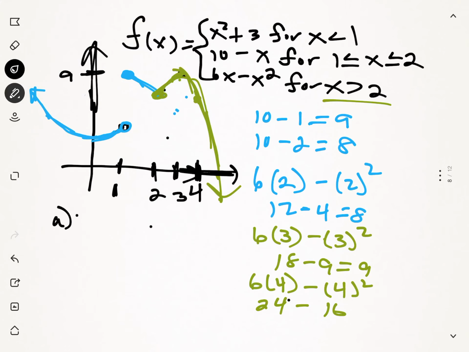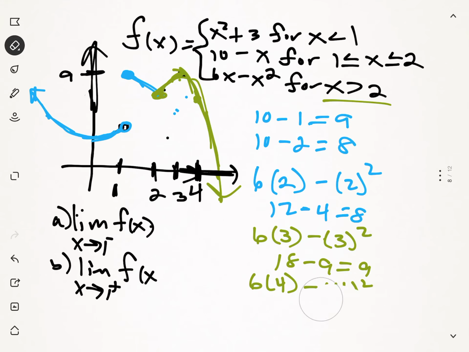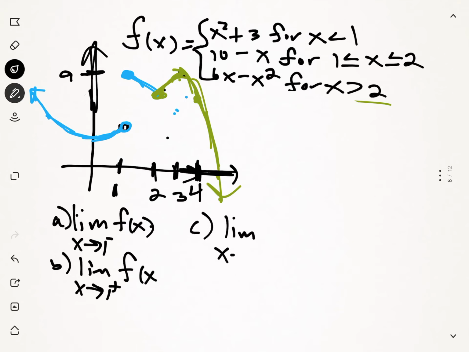So now we have some questions we want to answer. We want to look at the limit as you approach 1 from the left of the function. Limit as you approach 1 from the right of the function. We don't need these values anymore. We could take these off. C, limit as you approach 1 from the left and the right.